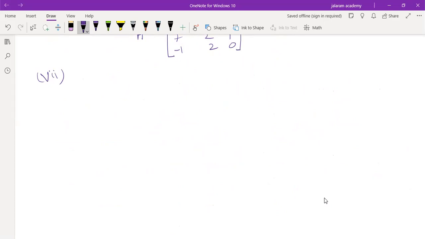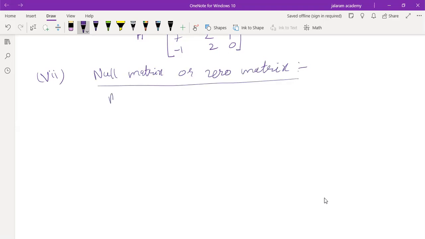Now, null matrix, also called zero matrix: all elements zero, denoted by O. A matrix with all elements zero is called a null matrix.